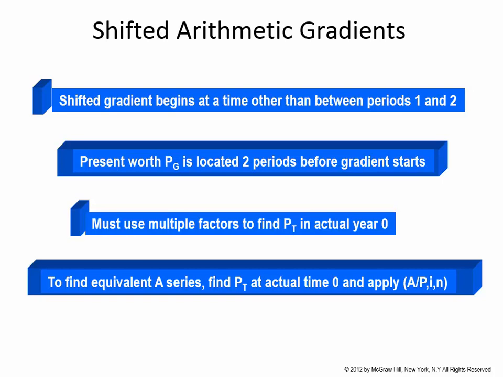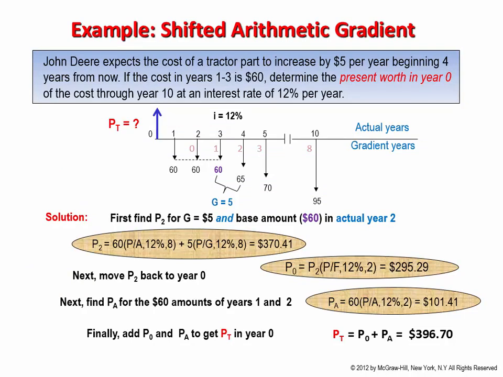The same thing can be true with gradients, where we have to come up with a pseudo numbering system. Now remember, with a gradient, you don't actually see the extra amount until the year 2. And so, starting with the actual numbering system, here's 0, 1, 2, 3, 4, 5, and so on.